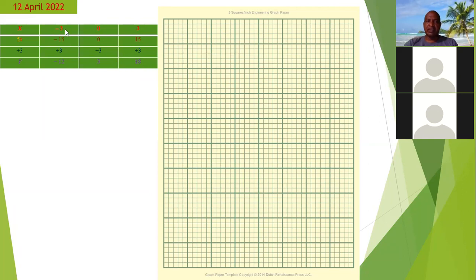Now on the x-axis, to the left of the origin, you're going -3, and to the right of the origin, you're going +3. Now it is always wise that you draw your axis based on these values. So you want to bear in mind that you're going 3 places to the left of the y-axis and 3 places to the right of the y-axis.